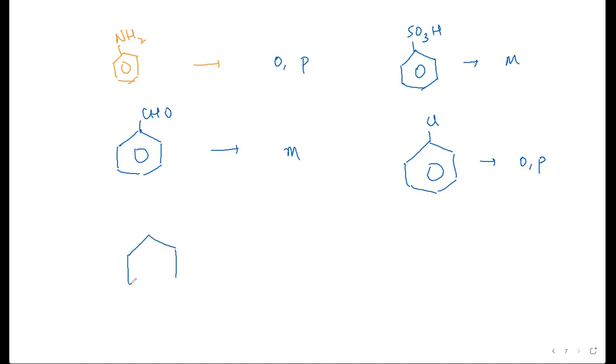What other groups do we have? Toluene? Ortho para. Yeah, ortho para because it's an alkyl group. Electron donating. Yes, it activates the ring.